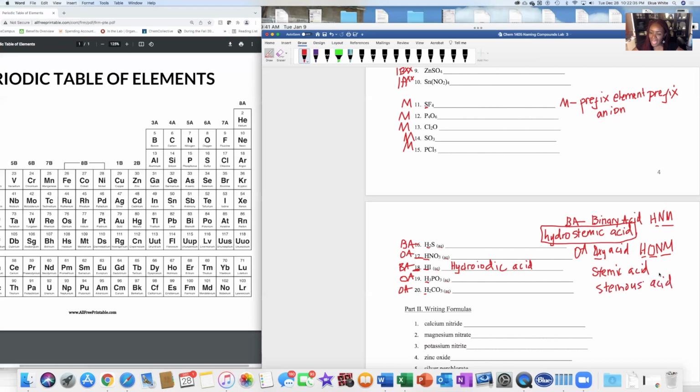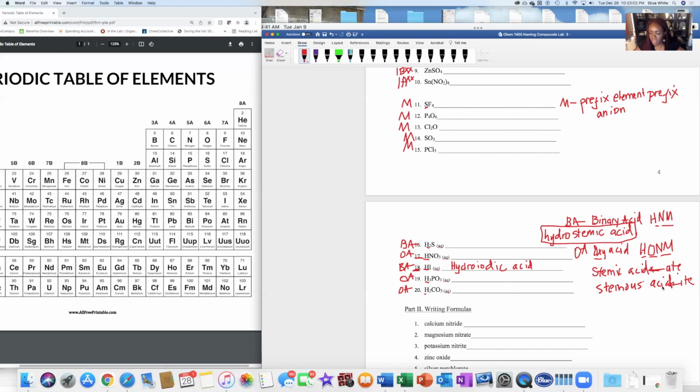Remember, the stem-ic acid comes from polyatomic ions that end with ate. So essentially the ones that ended with ate, because they had a lot of oxygen, became stem-ic acid. And then the polyatomic anions that end with ite became stem-ous acid.